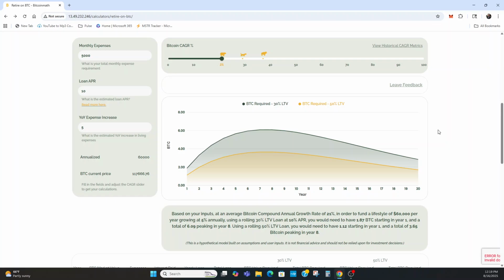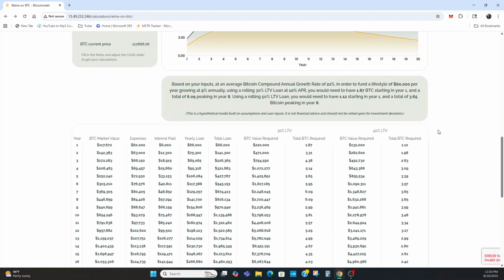So that's why eventually this curve flattens out and starts to come down, because of the compounding nature of Bitcoin's growth and appreciation. Eventually, the amount of money that you're borrowing is actually lower than the amount of appreciation you're seeing on your Bitcoin nominally. And that's why the LTV curve starts to come down over time, because you're actually taking out less as a percentage than what you're seeing as an appreciation on the underlying Bitcoin itself.